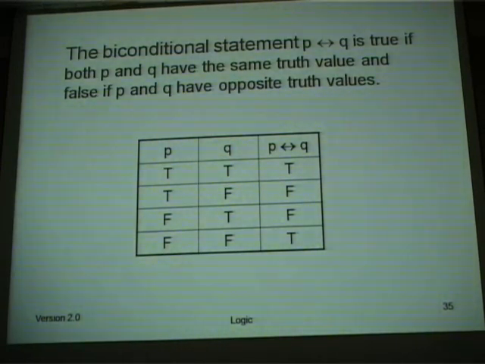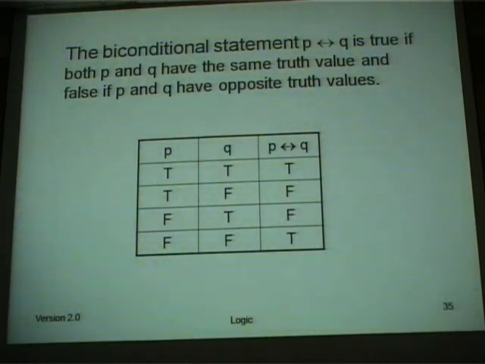It becomes false only here. All other places true. Take Q implies P. This becomes false only when Q is false and P is true, or Q is true and P is false. All the other places this is true. And this is P if and only if Q.